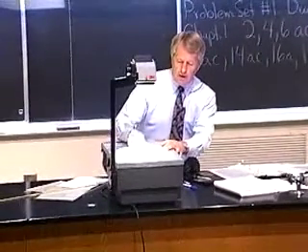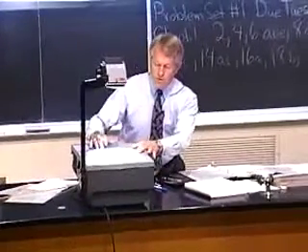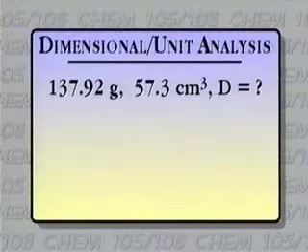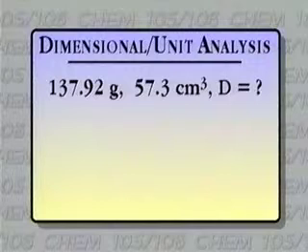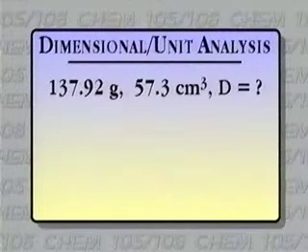Let's look at number 13, part A, doing the same type of thing, using unit analysis. It gives us some information about a piece of solid metal. It gives us the mass, it gives us the volume in cubic centimeters. It says calculate the density.